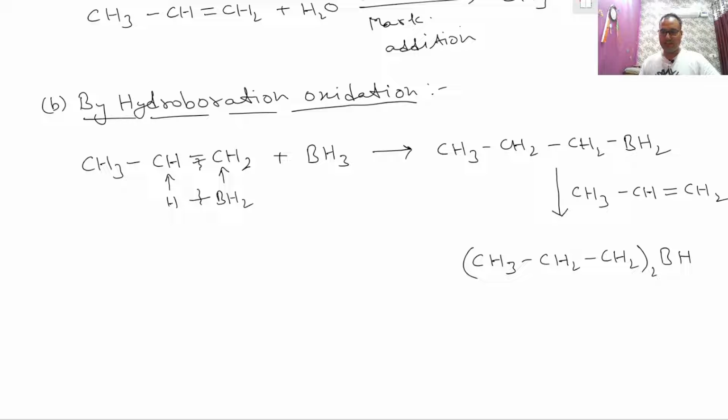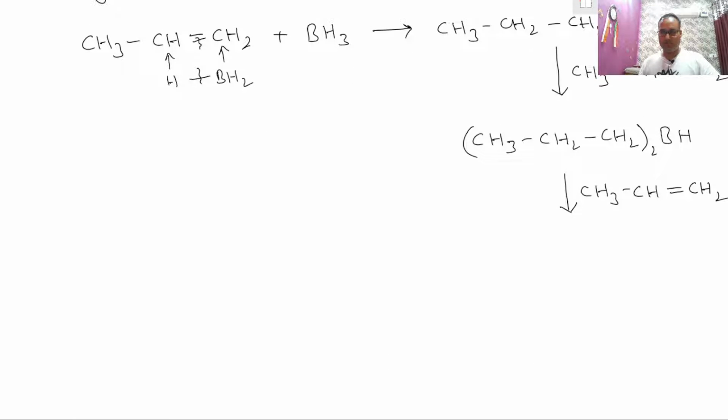Now we are left with one more hydrogen on the boron, so we can add one more alkene into it, CH3 CH double bond CH2, and in a similar way the addition will take place, leading to the formation of (CH3CH2CH2) whole thrice and the boron.